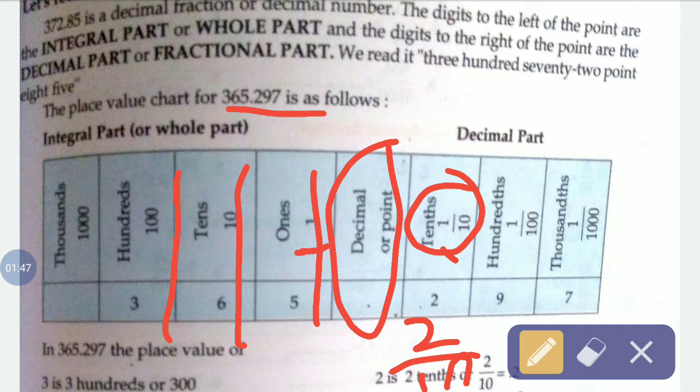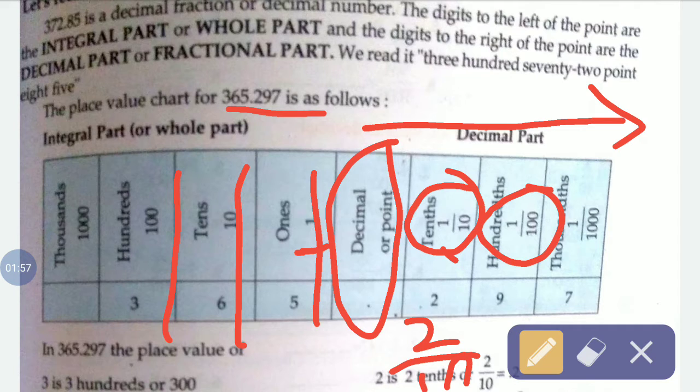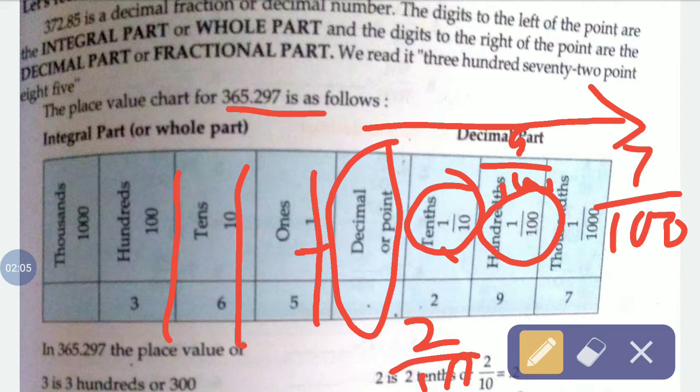Next, as you move to the right, the value is decreasing. 2 upon 10, then the next will be 1 upon 100, so the 9 will be 9 upon 100. Next will be 7 upon 1000.